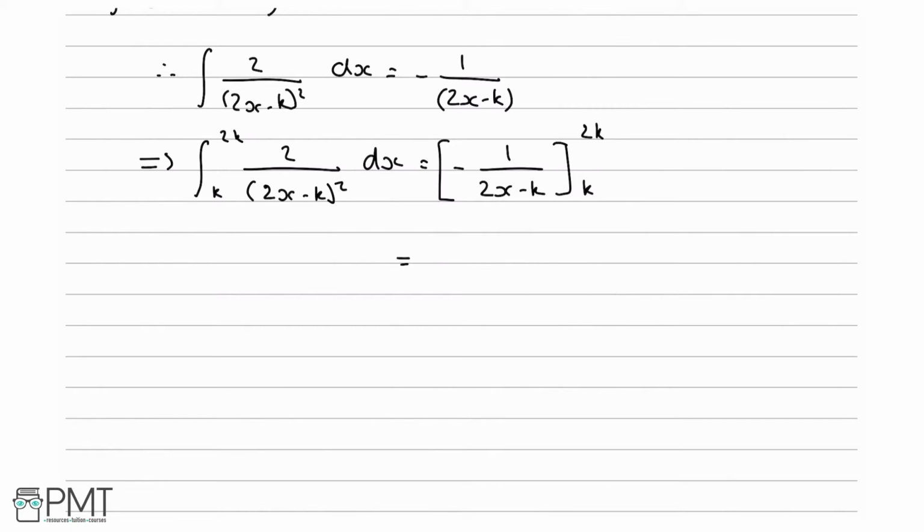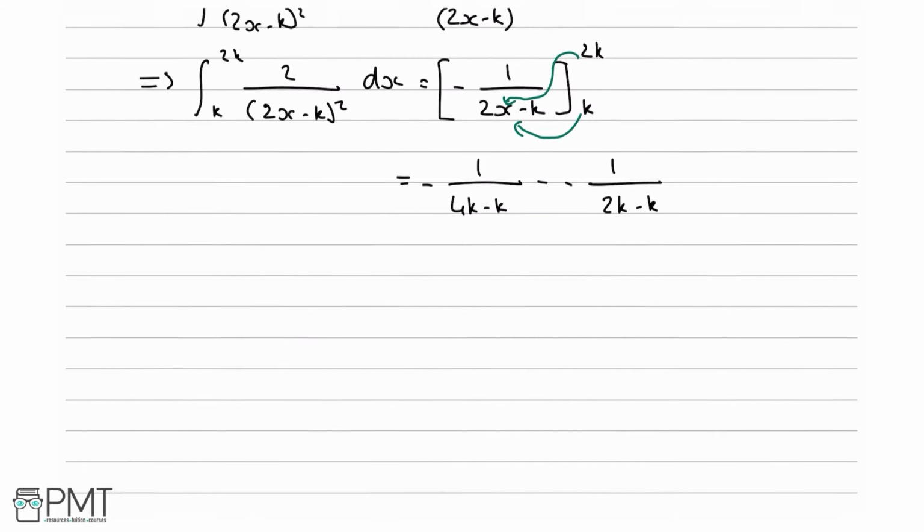So the first one to do is to put in our 2k. So this means we will end up with minus 1 over 2k times 2k times 2 is 4k minus k, so like that. And then remember we're going to do minus. Now minus again, because remember we've got this negative here. Okay, we're going to plug in our k for x, and we get minus 1 over 2k minus k, like that.